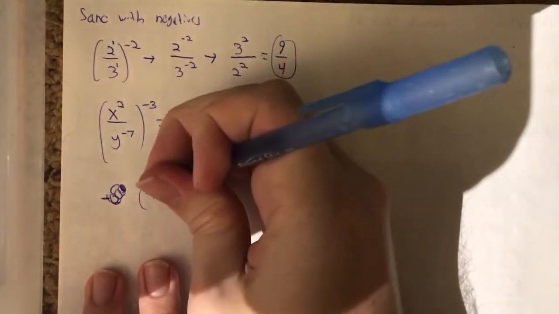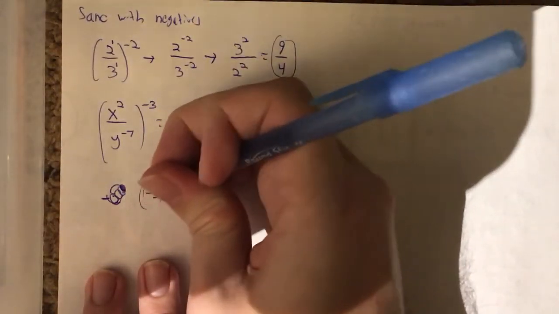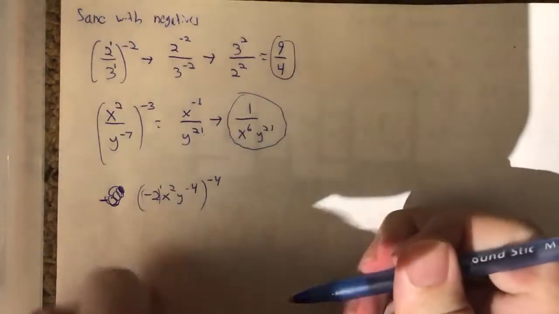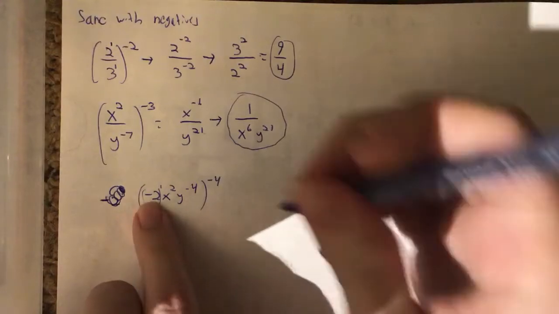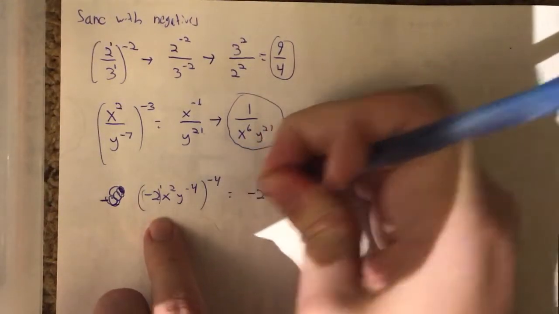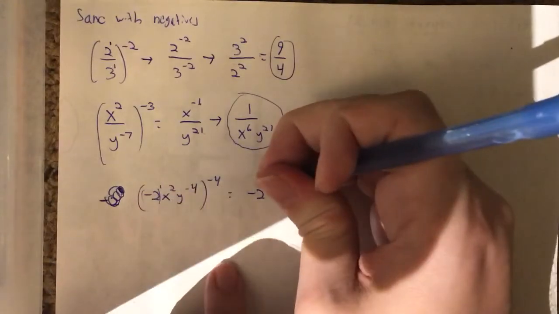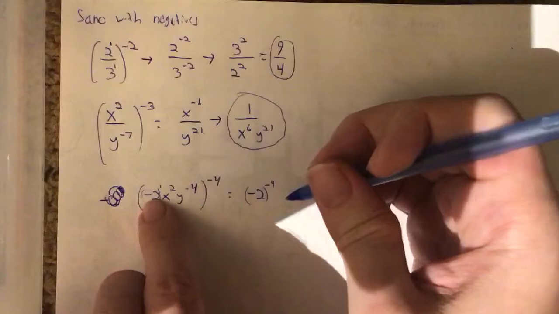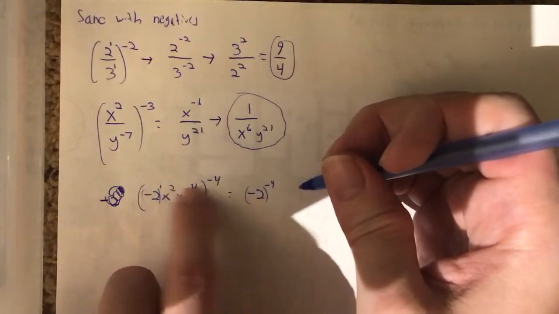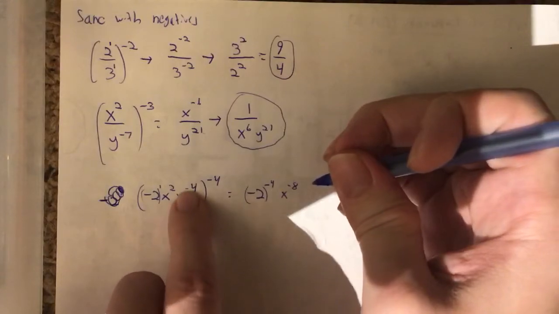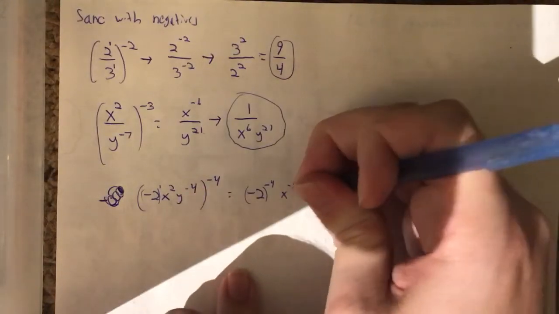So remember, first thing, if there's no exponent, I'm going to put it there. So I start with my negative 2, and then I do 1 times negative 4. That gives me negative 4. X squared: 2 times negative 4 is negative 8. And then for the y, negative 4 times negative 4 is positive 16.